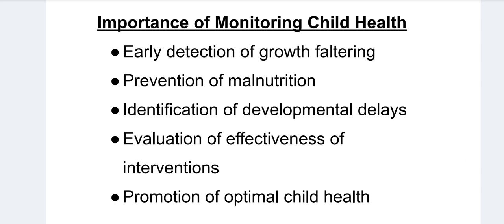Okay, and then prevention of malnutrition. It might be the child is not receiving a balanced diet, and they might be malnourished. Okay, so this you will see different. I'm going to reference this importance that you should know.